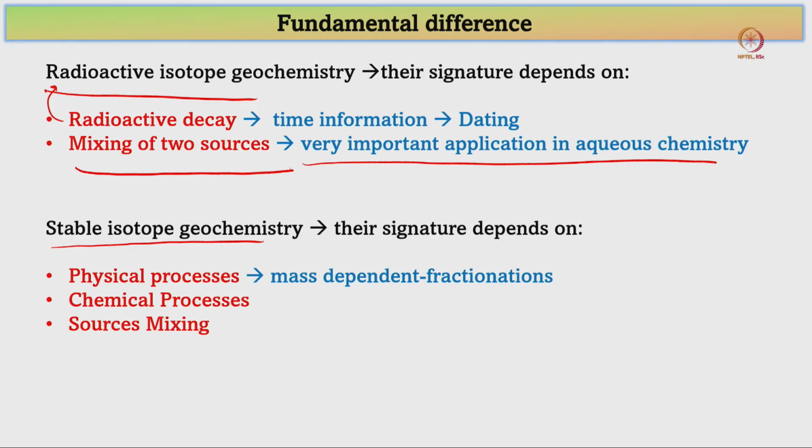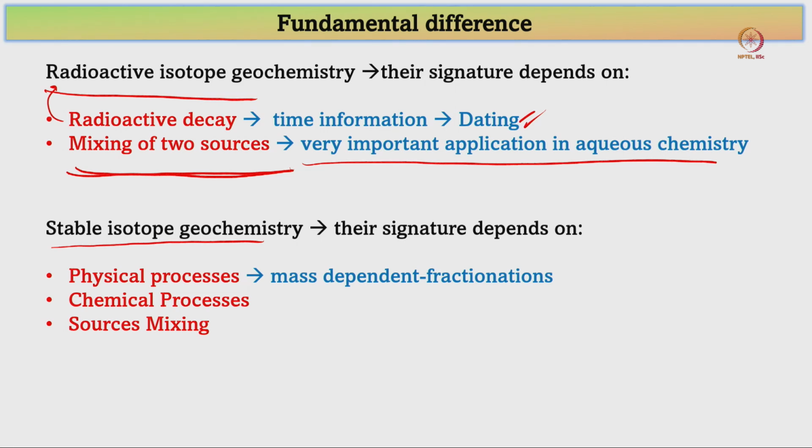Not because of radioactive decay, because we are not going to date a lot of water, but it is because of this mixing of two different sources that is going to be very applicable in aqueous geochemistry.